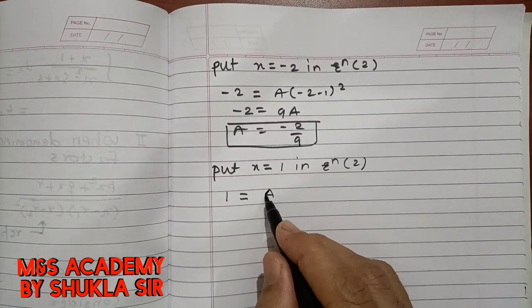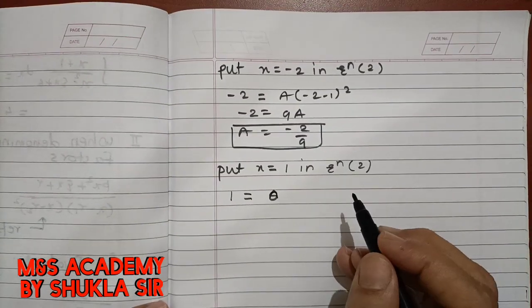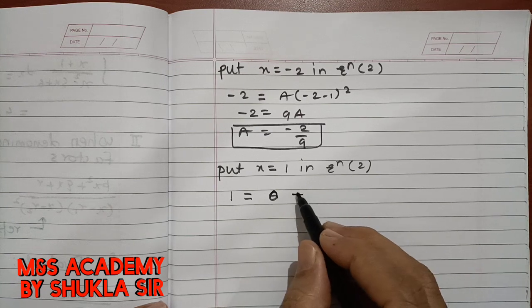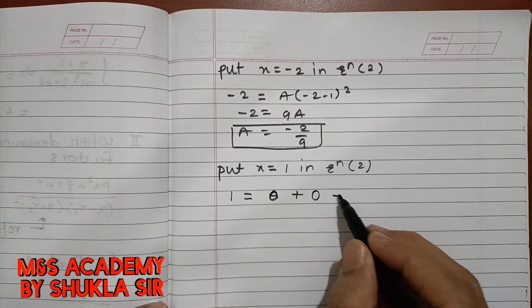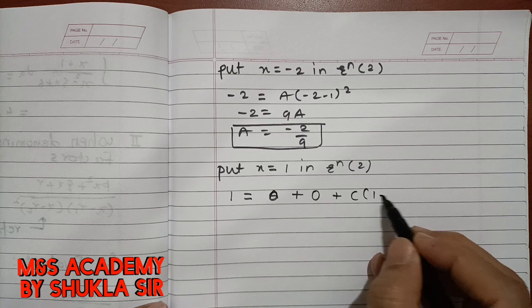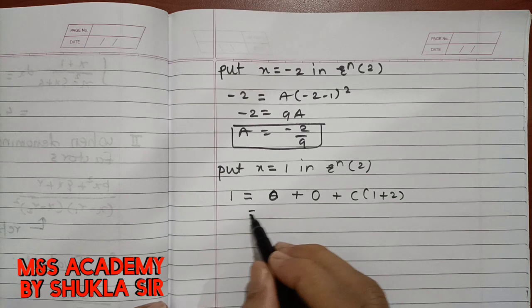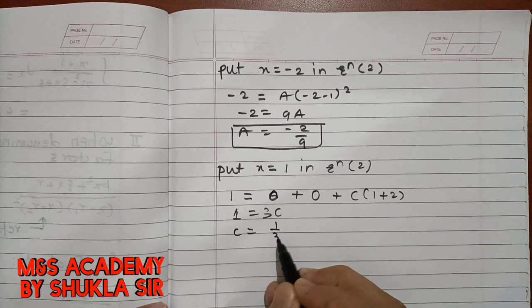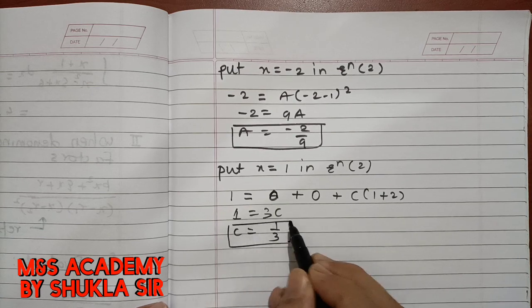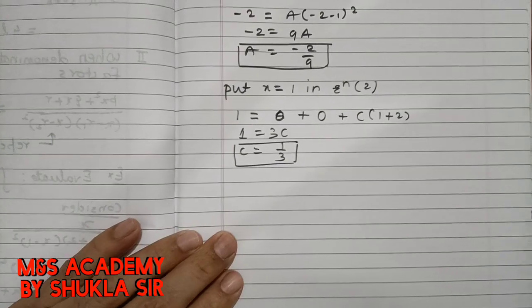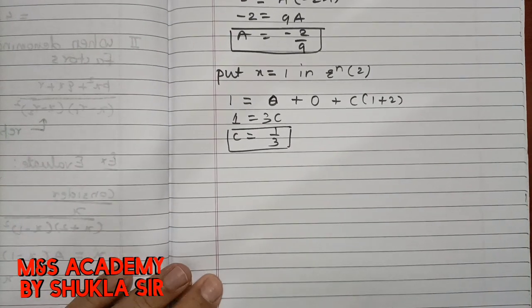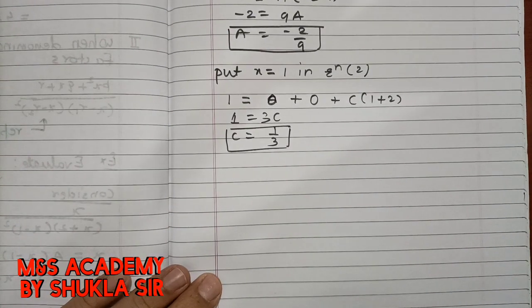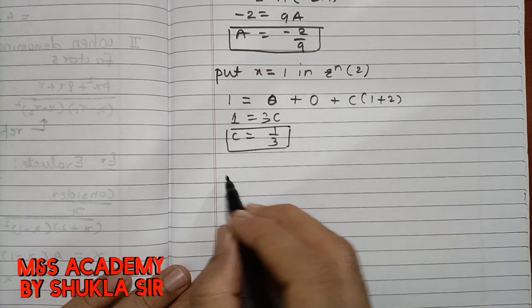So this part is 0, plus the b part is also 0, plus c times 1 plus 2, which is 3. So 3c is equal to 1. So obviously c is equal to 1 by 3. Here a and c are determined. Only b is left to determine.